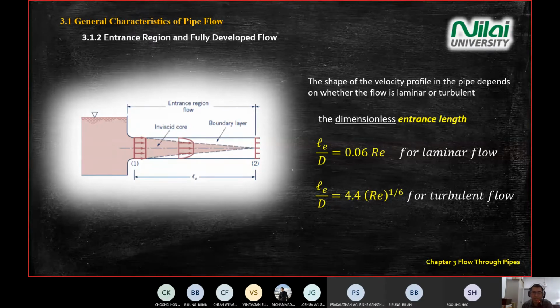Transition flow is actually the process where your flow changes from laminar into turbulent flow. It's a mixture between laminar and turbulent. You cannot say that it's laminar, or you cannot say that it's turbulent. It's a mixture of laminar flow and turbulent flow.